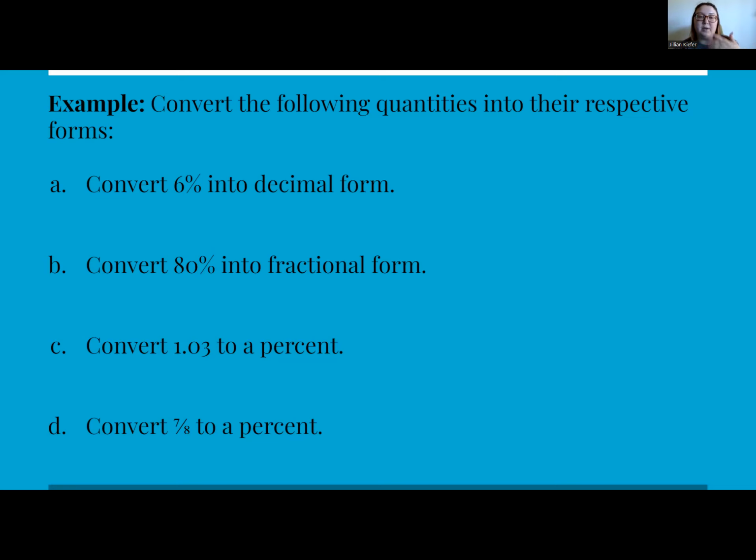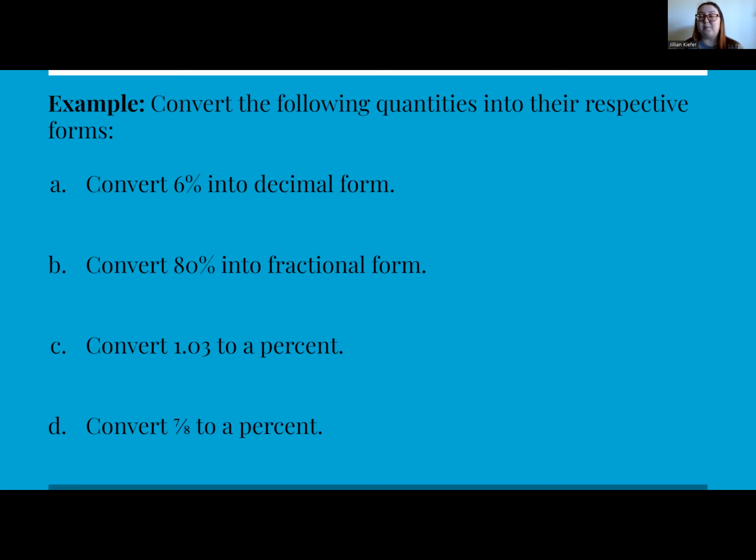So starting with A, we have convert 6% into decimal form. We said for decimal, the first thing we want to do is drop the percent sign. So really we'll work with 6. And then we move the decimal place. Well, 6 specifically doesn't really have a decimal place, but we can imagine that's really 6.0.